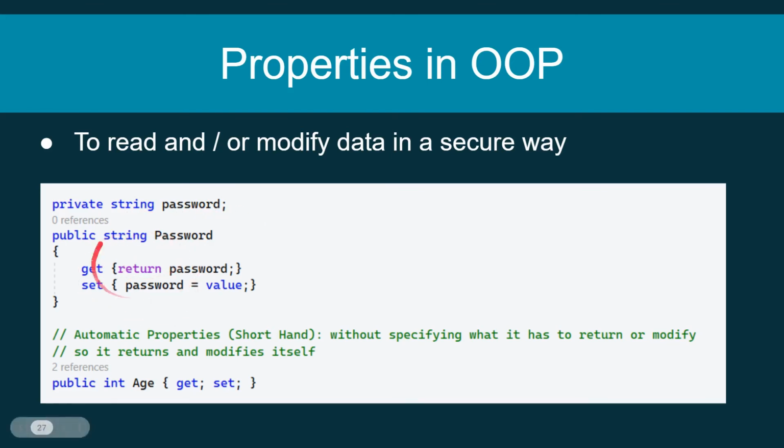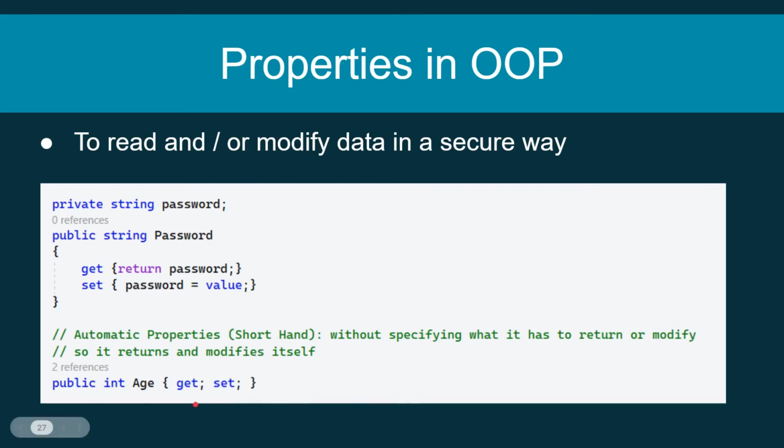This is a property. You have a get method and a set method. In the get method, we say return password, return the private member password. We have password lowercase and password with the first letter uppercase. This is a convention: your properties and methods are in Pascal case.